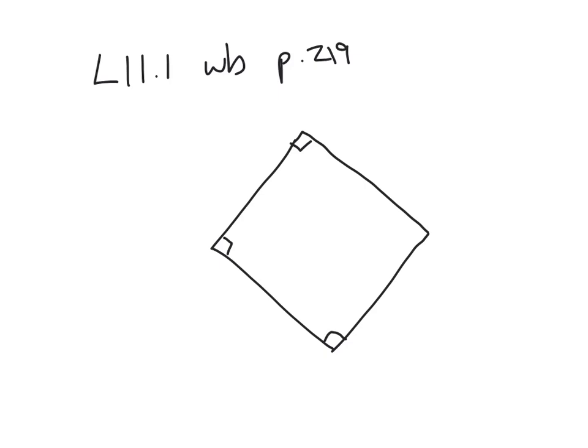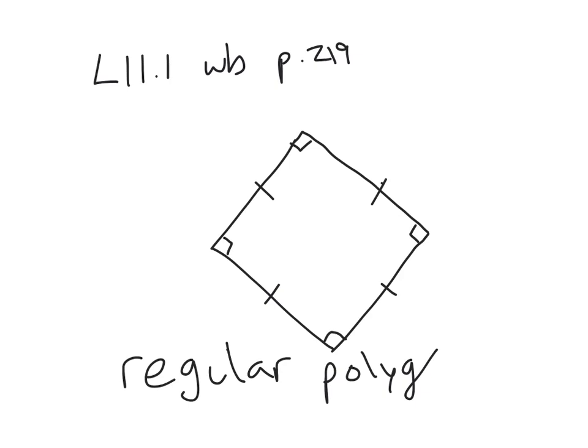And then these sides are all equal. So you see these marks. When you see these marks showing that all the angles are equal and all the sides are equal, this is called a regular polygon. And then if it asks you to classify this as well, this is just called a square.